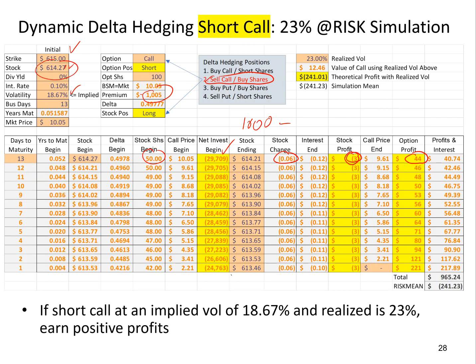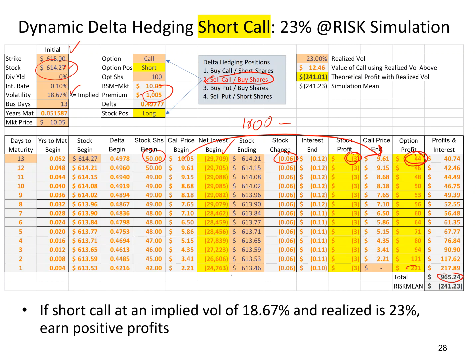I've written this call and I'm simulating that the call price in this first case goes from 10.05 to 9.61. I am short this call, so I'll take minus the change in price times 100 shares. So I'm going to gain money being short a call and the price dropping. I then summed up all my P&Ls.